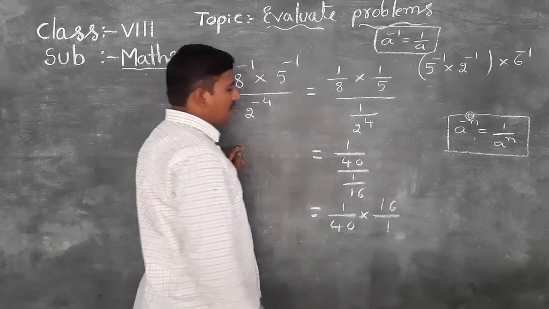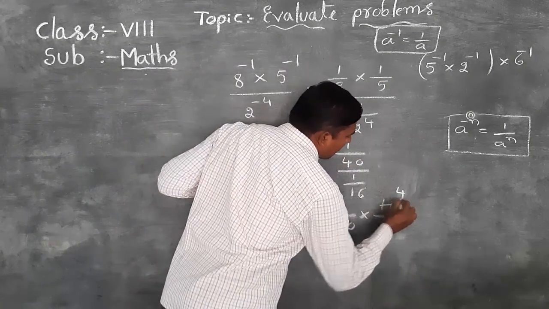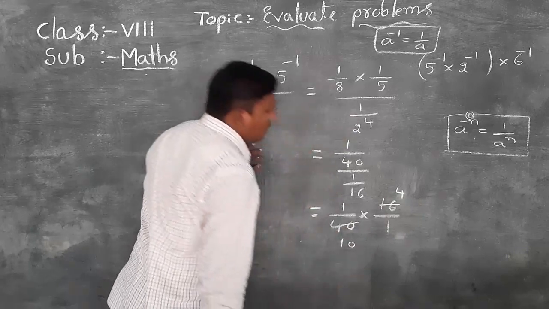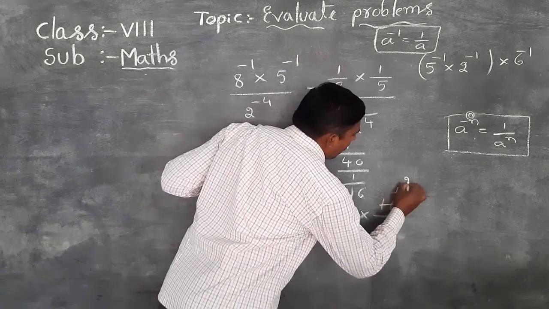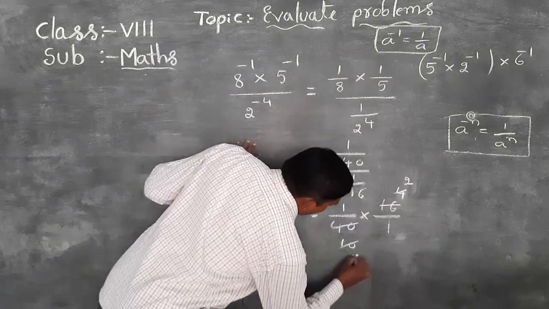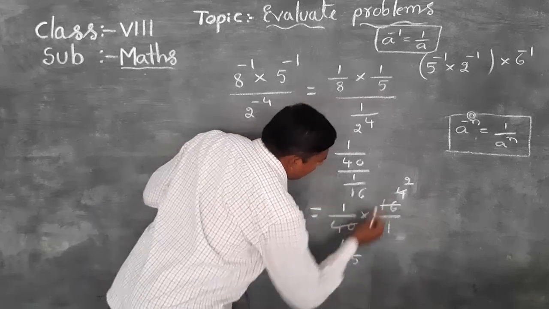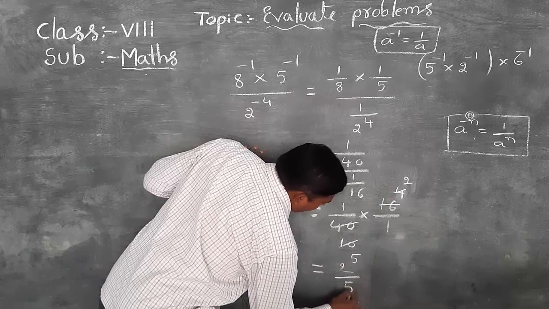Here, cancellation is possible. 4 4 jar 4, 10 jar. Again possible, 2 2 jar 2, 5 jar. So in numerator the answer is 2, in denominator the answer is 5.